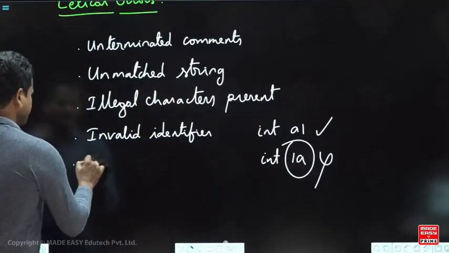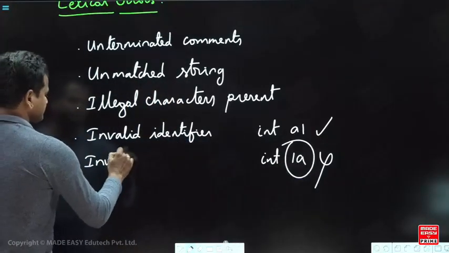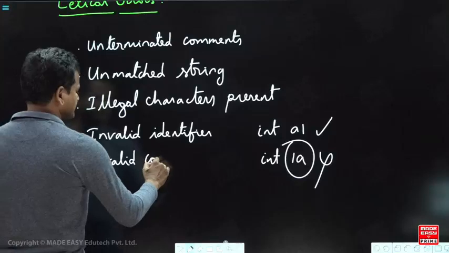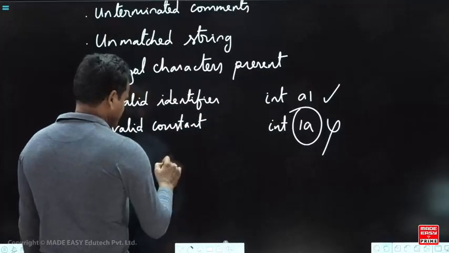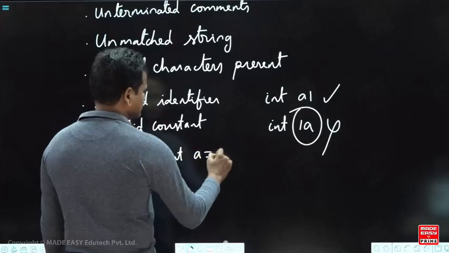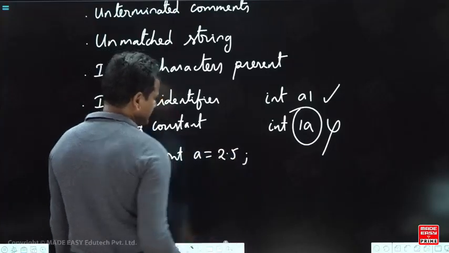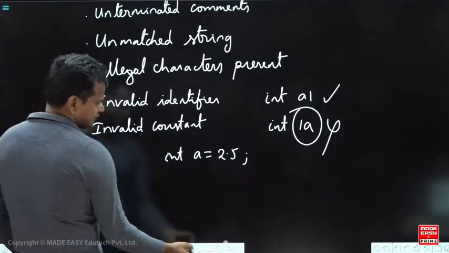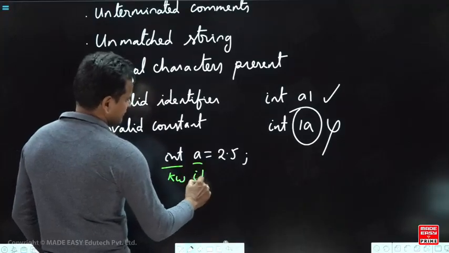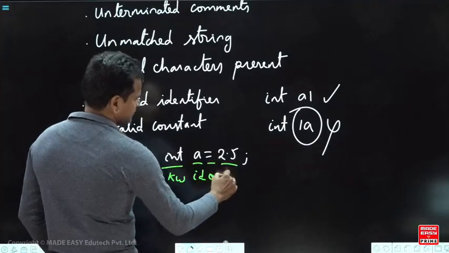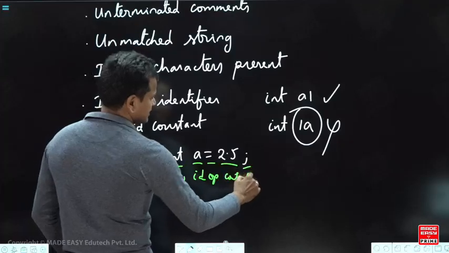Next, similarly, invalid constant. I am writing int a equal to 2.5. Here int is a keyword, a is an identifier, equal is an operator, 2.5 is a constant, and the semicolon is a punctuation mark.